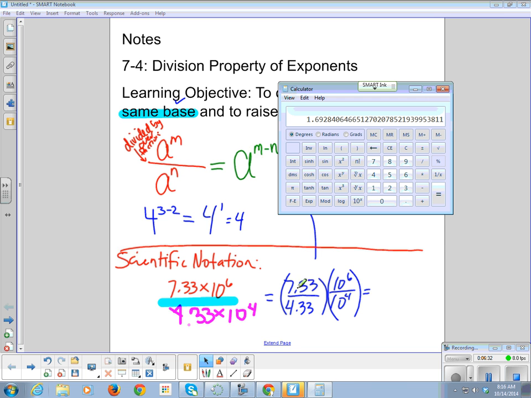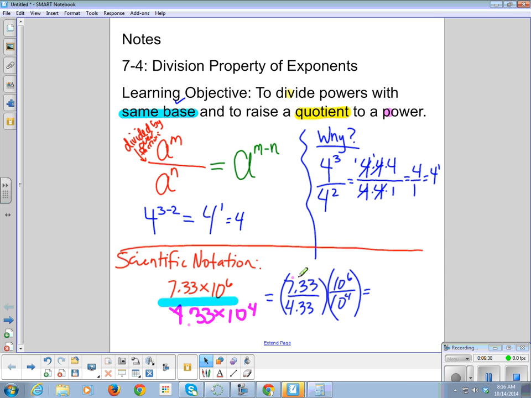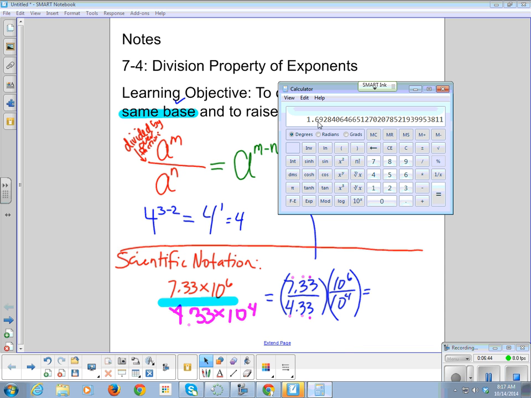That gives 1.6928. There are 3 significant figures, so I'm going to go ahead and just put 3 significant figures. So if you look, there's 3 here and 3 here. So I'm going to round to 1, 2, 3. So I'm going to write 1.69.